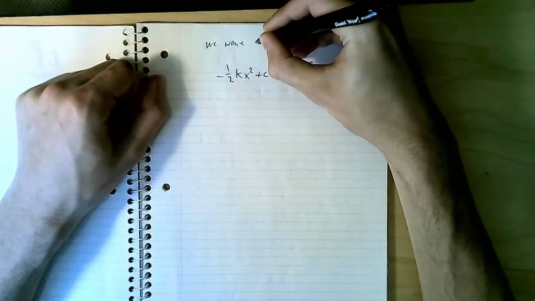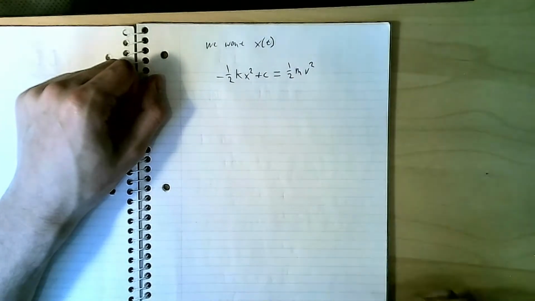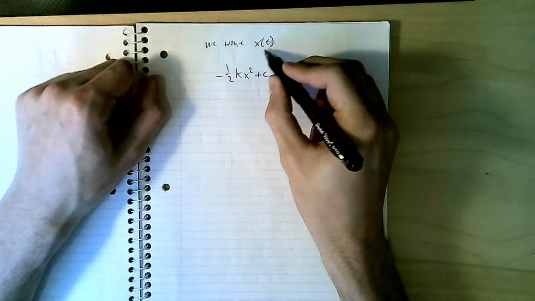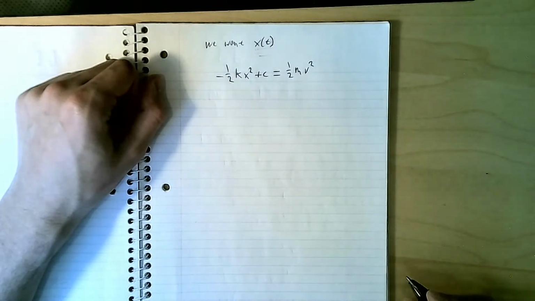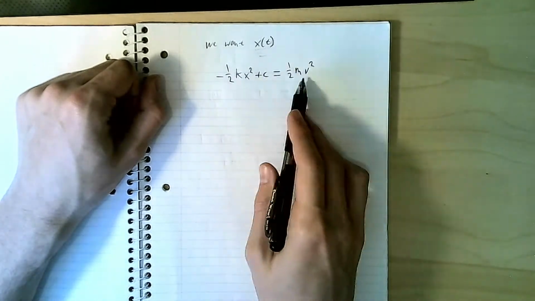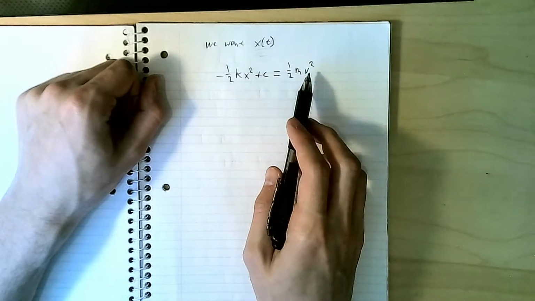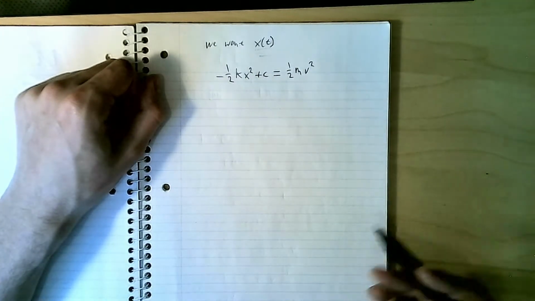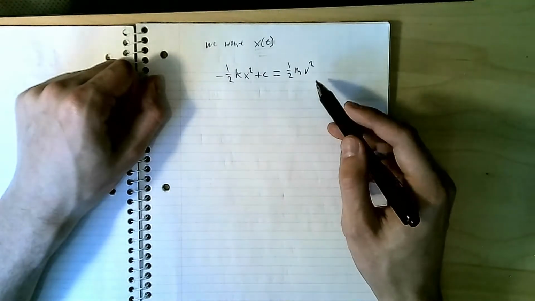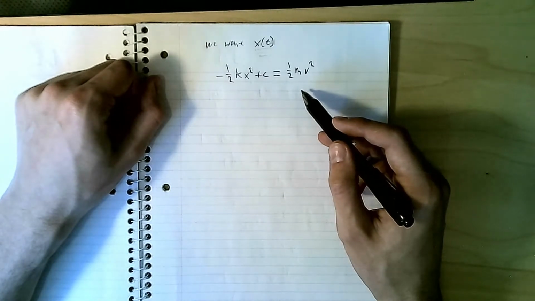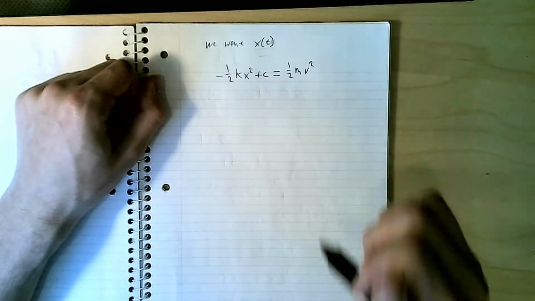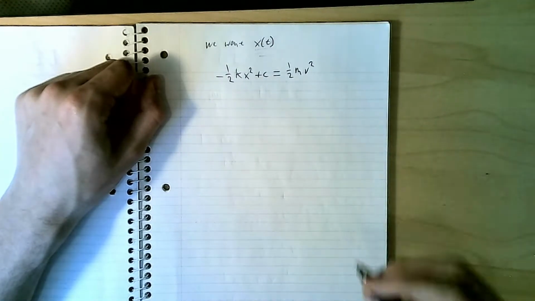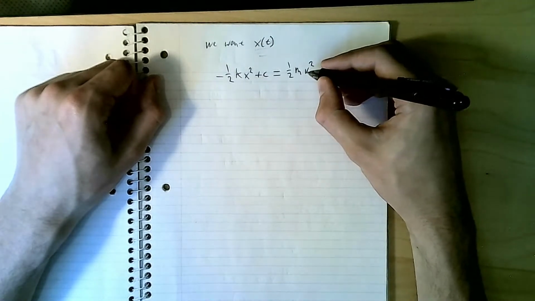We want x of t. So we have here, we could at least get x of v, but that's not particularly interesting, or it's not what we want. So instead, we can recognize that we actually have another thing to work with here, because we actually know an equation for v.